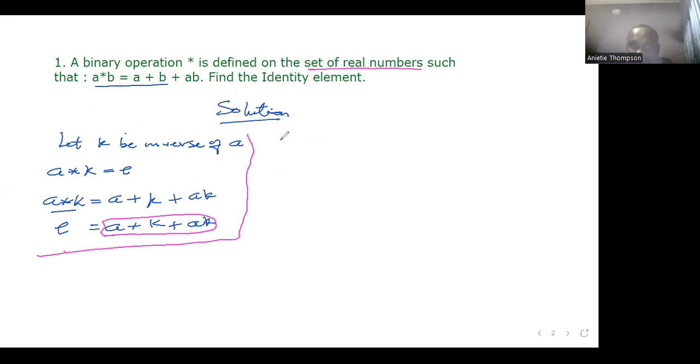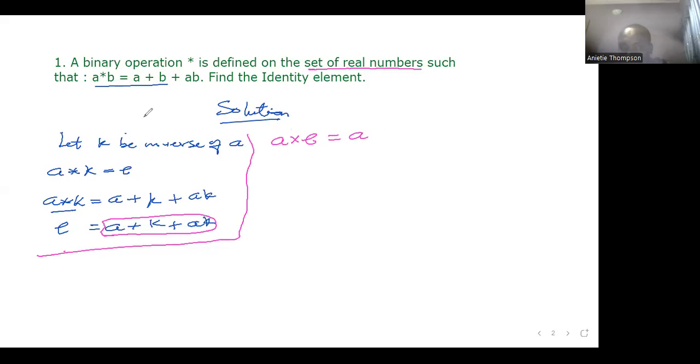Don't forget, a property that you should not forget is that if I multiply any element by its identity, it will give that element. Wow. That was the property I explained during my explanation session. So I want to use this property, and this is one of the ways that you can find an identity element with ease.